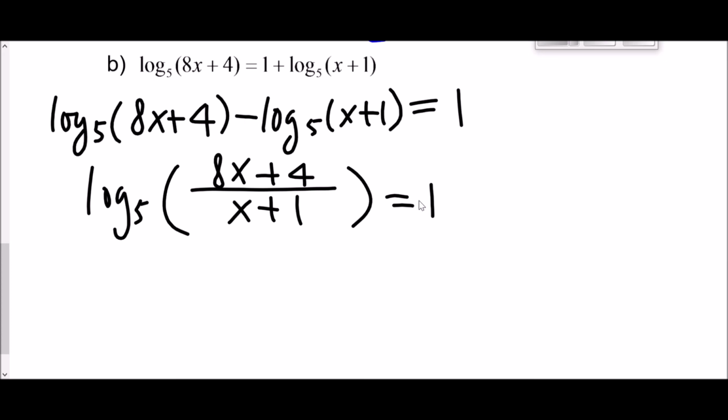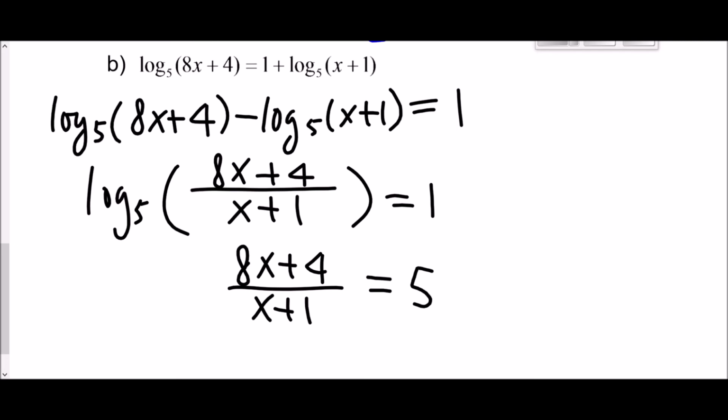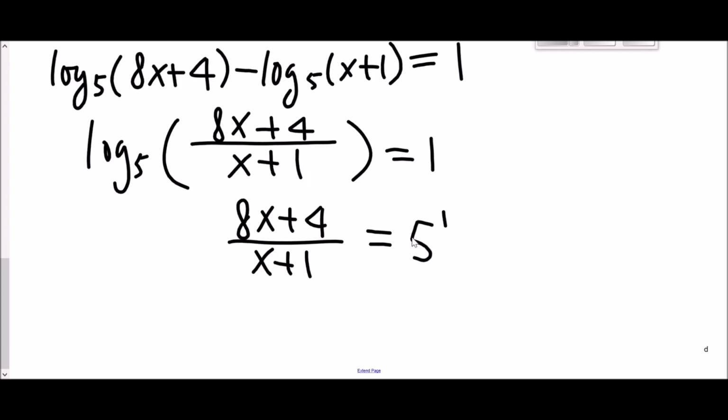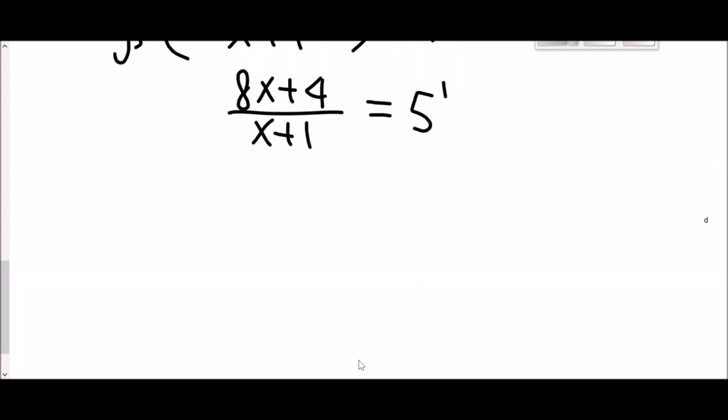Left-hand side, 8x plus 4 over x plus 1. 5 is now the base of the exponent, and this becomes your exponent. So let's simplify this. 5 to the power of 1 is basically 5. So cross multiply, or multiply both sides by x plus 1. So 8x plus 4 equals 5 times x plus 1.